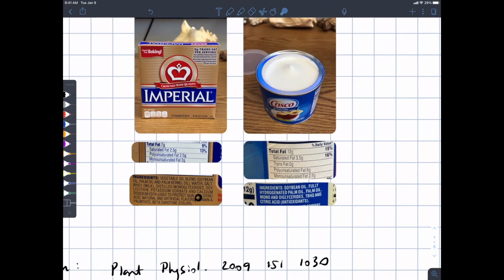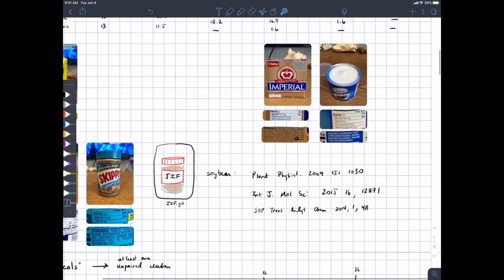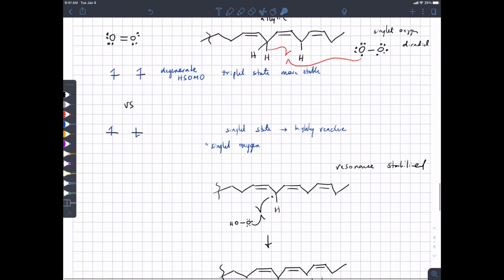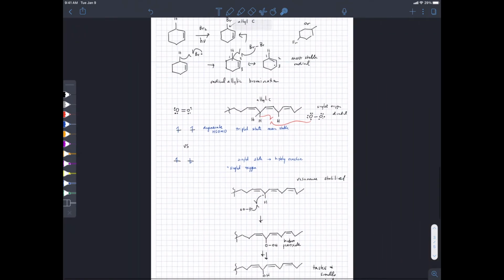Crisco has some oil in it that is not hydrogenated, so they've added TBHQ and citric acid as antioxidants, and that's about preventing singlet oxygen from reacting with the double bonds that are in the oil, so that your Crisco doesn't go rancid. And it does, actually. I've seen Crisco that was on the shelf too long, and it's yuck. All right. Sorry, anything else we missed on modifying allylic positions?